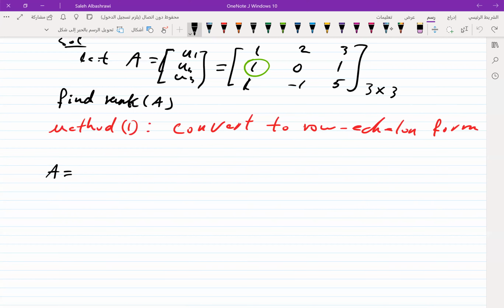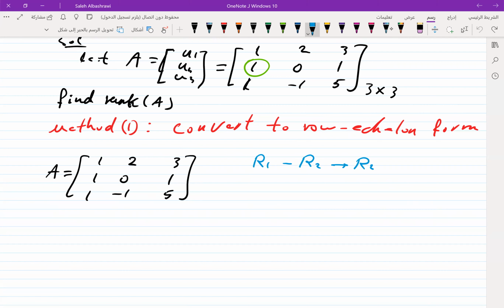A is given by 1, 2, 3; 1, 0, 1; 1, minus 1, and 5. Now we subtract R1 minus R2 and put it in R2. Also, I can do at the same time R1 minus R3, put it in R3. I can do both of them at the same time.